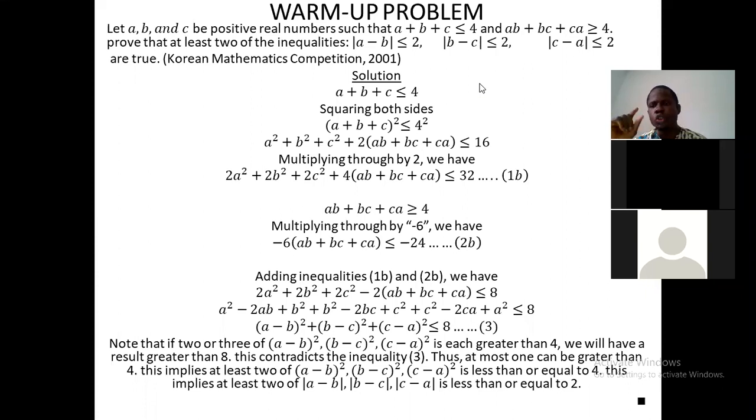You show it's obvious. So what we started by doing was we squared both sides, and sometimes in math you have to work backwards. So how do we get here? We say, okay, let's square each of these. We squared each of them and added them up, and it gave us something that looks like where my pointer is: a squared minus 2ab plus b squared plus b squared minus 2bc plus c squared minus 2ca plus a squared.